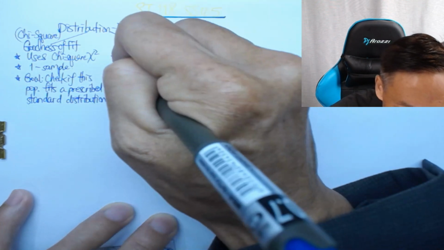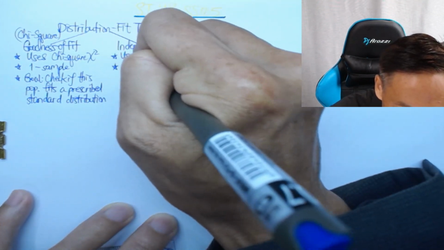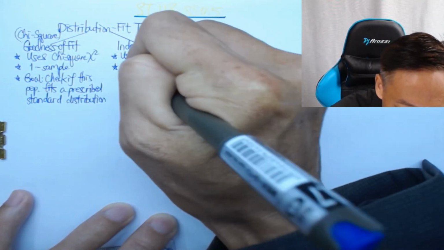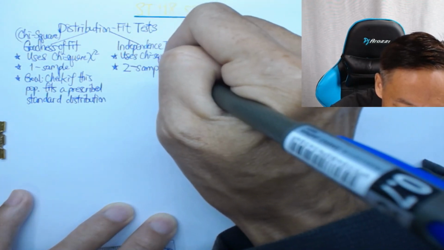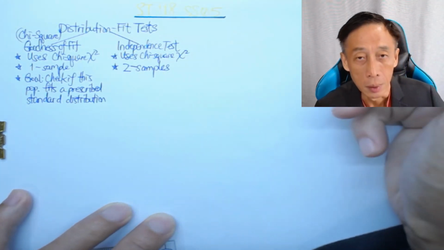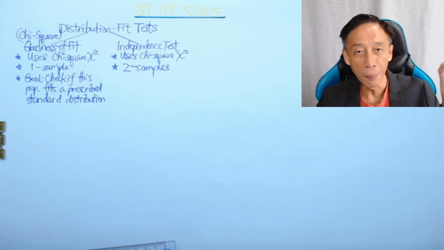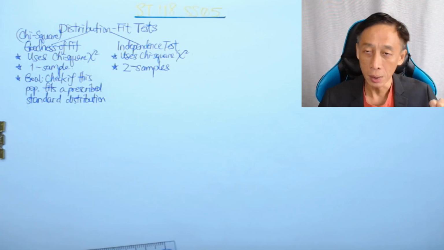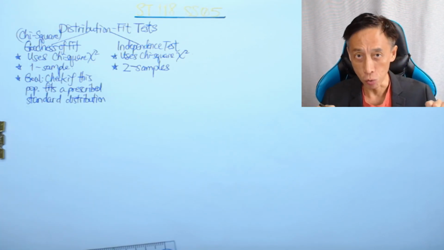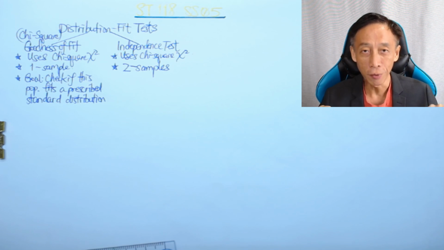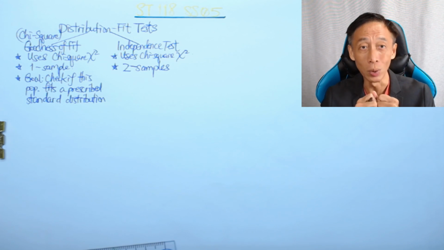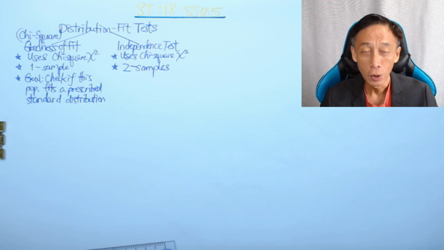Compared with the independence test, this test involves two samples, because we are trying to sample one sample set from population 1 and another from population 2, and see if, not whether their distributions match or not, because we have the Kolmogorov-Smirnov test that we discussed earlier to test for normality.